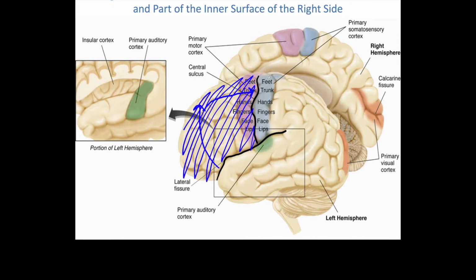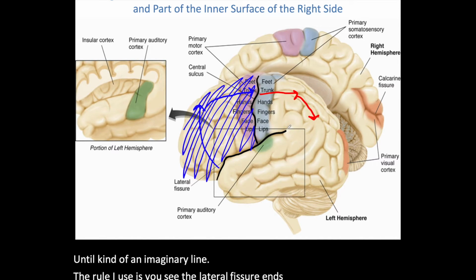The parietal lobe begins at the central sulcus, but this time we're going caudally, right, and ventrally until kind of an imaginary line. The rule I use is you see the lateral fissure ends, but imagine it didn't.